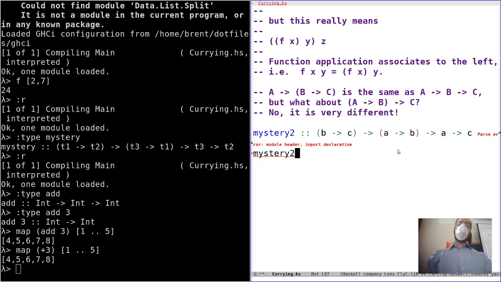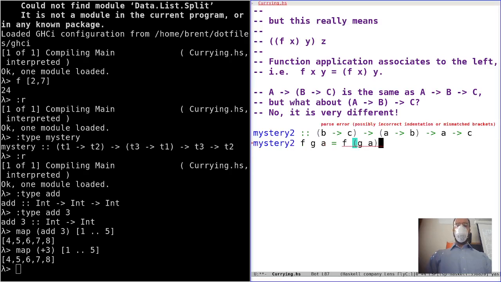But without the parentheses, we could also think of it as taking 3 arguments and giving us a C. So I can actually write it, so F, G, and then I'm going to name this argument A, and then I'm going to return F, G, A. So this is also a valid way to define this function.